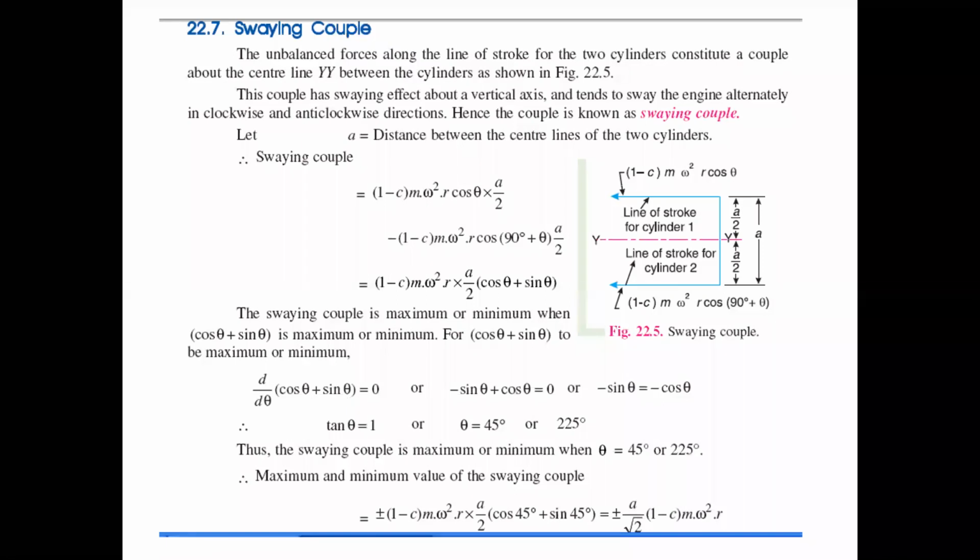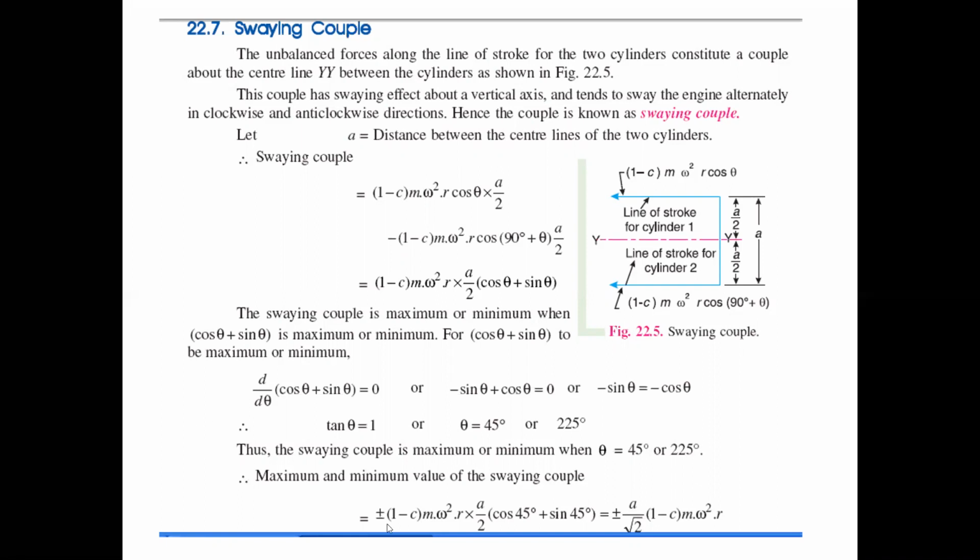The differentiation of cos theta is minus sin theta, and of sin theta is cos theta. So tan theta equals 1, so theta is 45 degrees or 225 degrees. Then the theta value is substituted into the above equation.